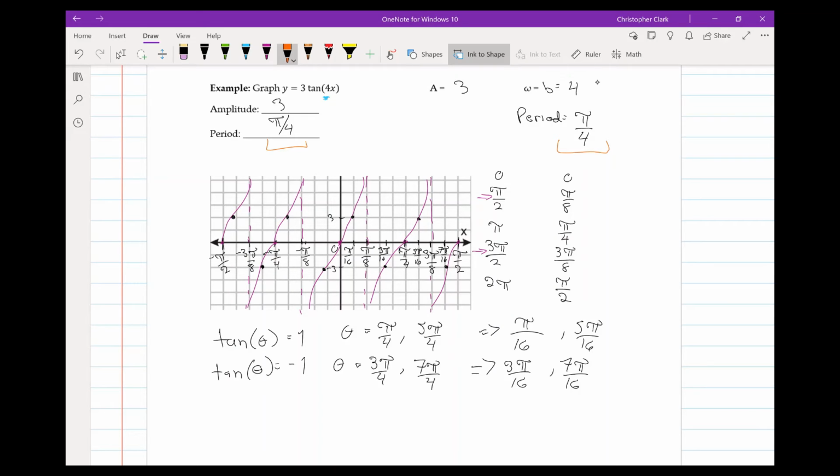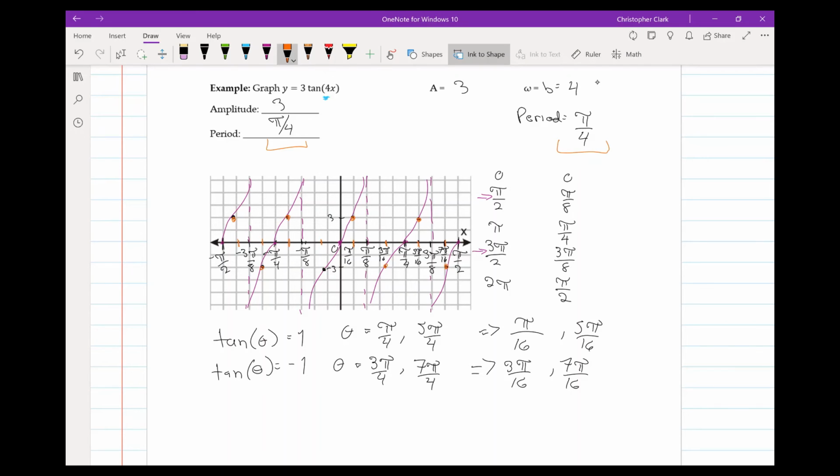So we'll go ahead and make these new points on our graph. Normally it would be 1 and negative 1 at those points, right? But now it is 3 and negative 3. And that is what it looks like.